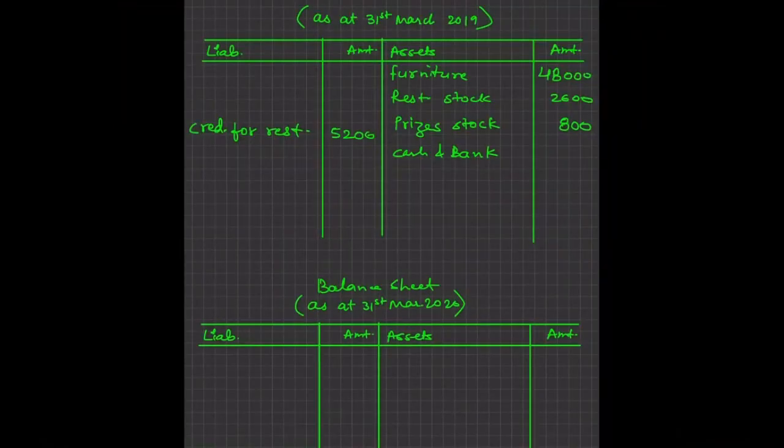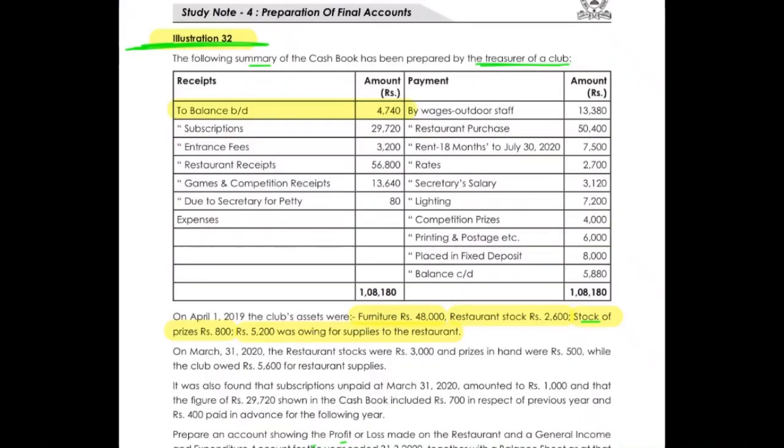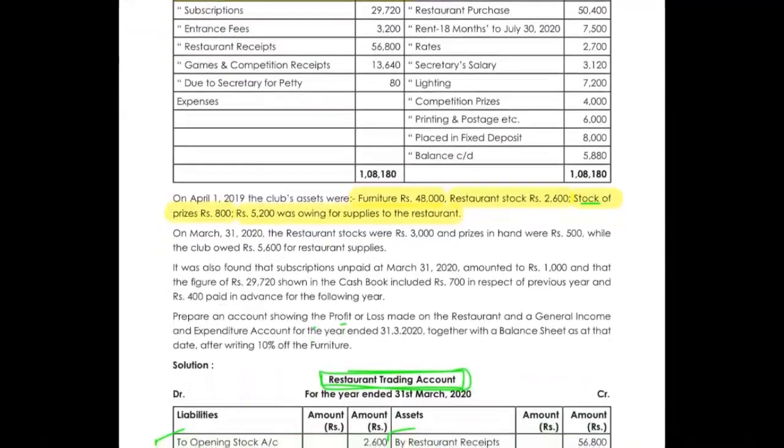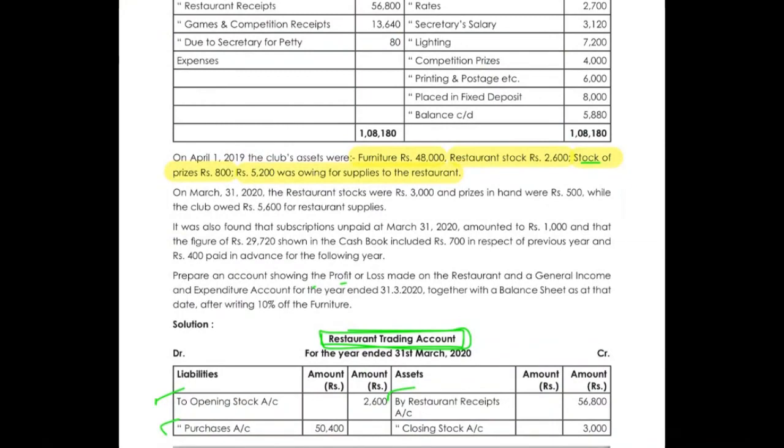So cash and bank I have of 4,740 rupees. And there was a little bit information about the outstanding also. There were information about the outstanding also.